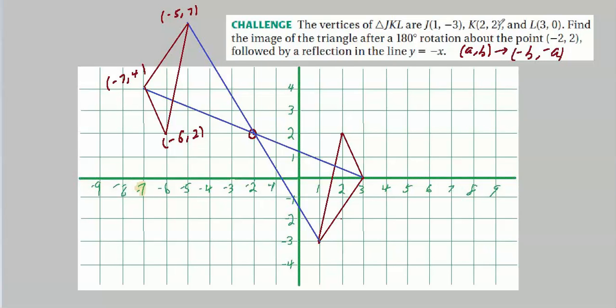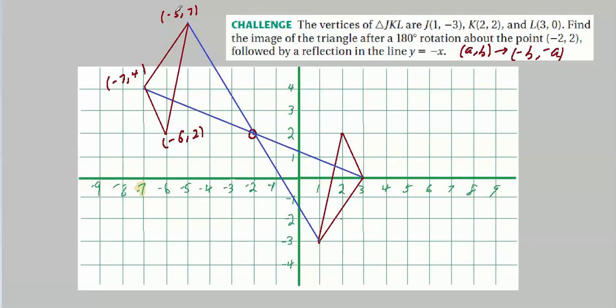And luckily, they said find the image, so I guess that means we can just list the coordinates and maybe graph it. Let's see, line y = -x is going to go through there, so this reflection is going to be way down here somewhere. If I can keep it on the page, I'll graph it, but we'll start out by just listing the coordinates.